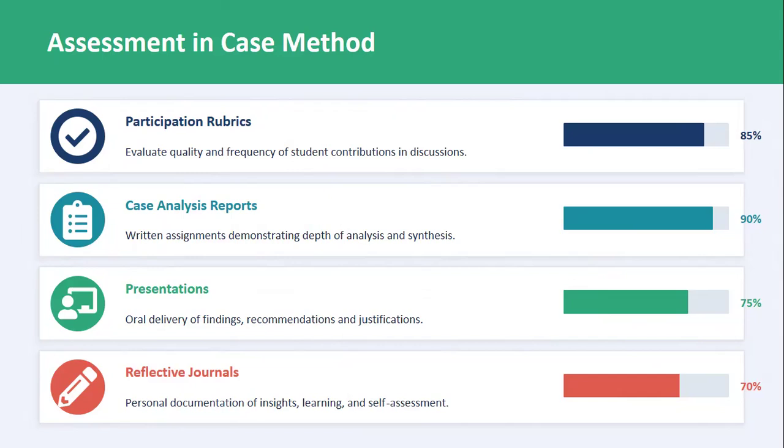Case analysis reports, say written assignments, demonstrate the depth of analysis and synthesis. Then presentations, oral delivery of findings given by the students, solutions, recommendations, and further justifications. Personal documentation of insights, learning, and self-assessment.